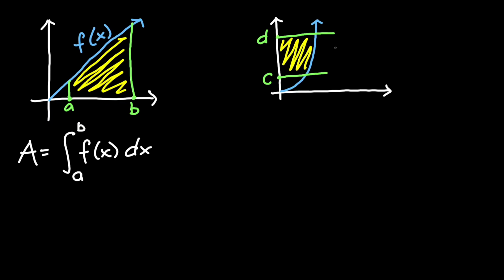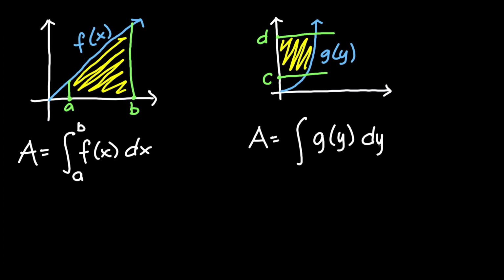Let's call this curve now g of y. The formula for this would be area would be equal to the integral of g of y dy, with the upper limit of d and the lower limit of c. So these would be the two formulas to which we would use.